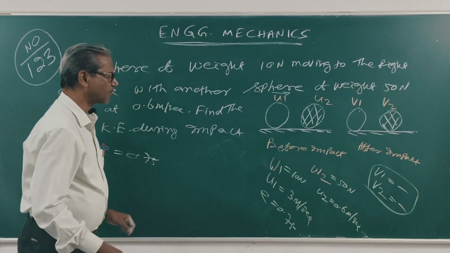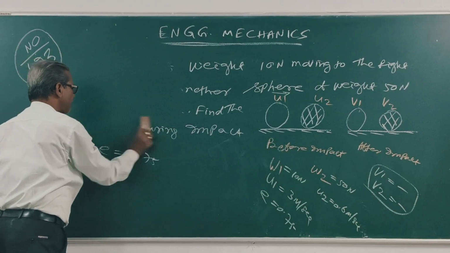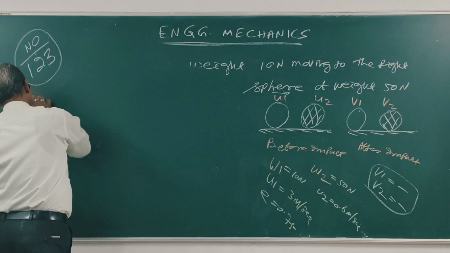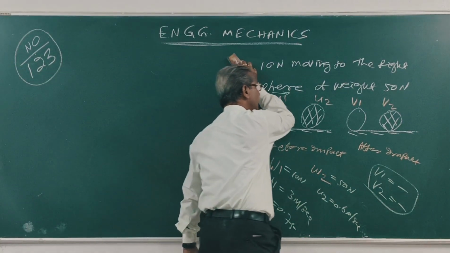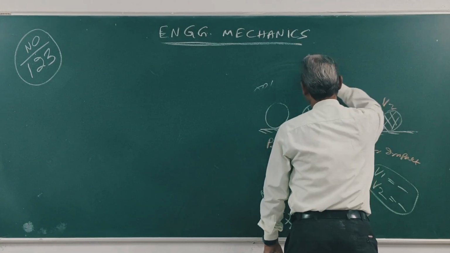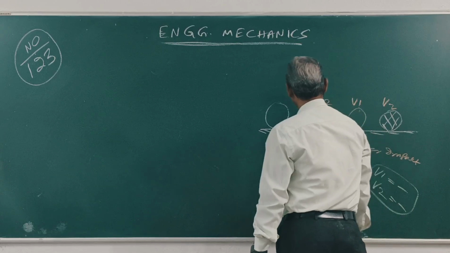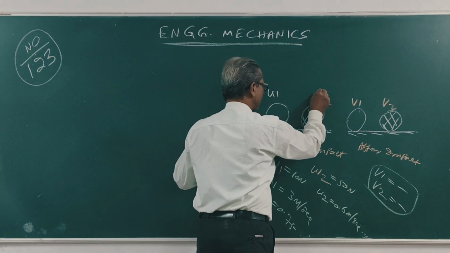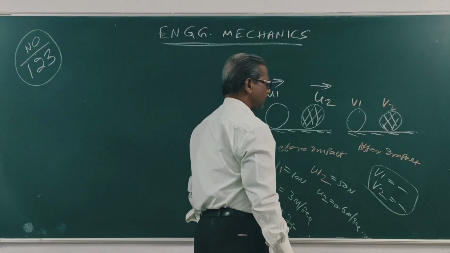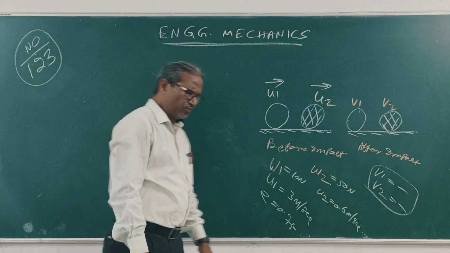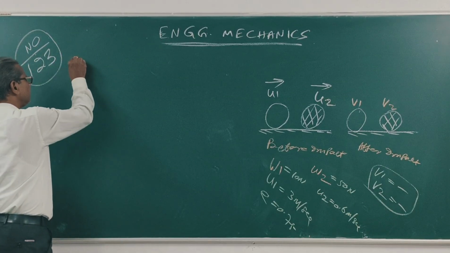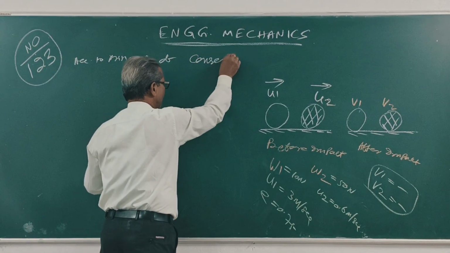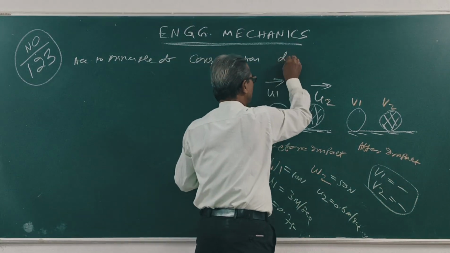Now, U1, U2, both same direction. First find out what is V1 and V2, according to the principle of conservation of linear momentum.